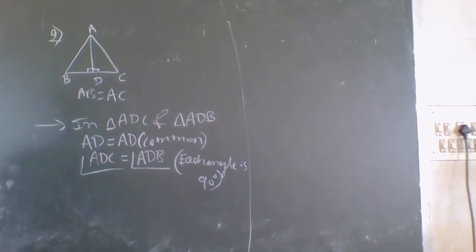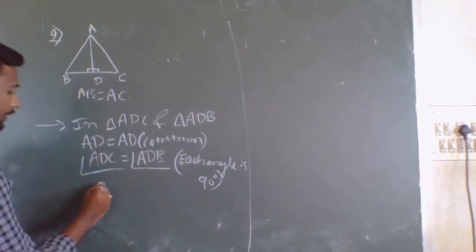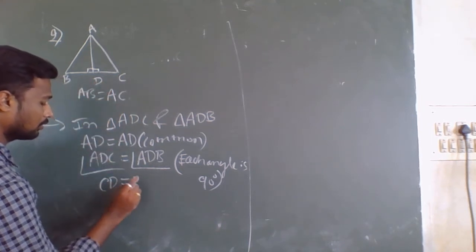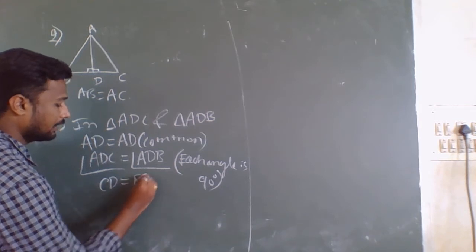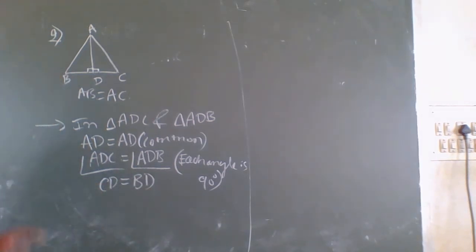Now again, this side is common and these two angles are equal to each other because this is the perpendicular bisector. Now to prove these two triangles congruent, what can we write? Here we can write CD is equal to BD. Why is CD equal to BD?